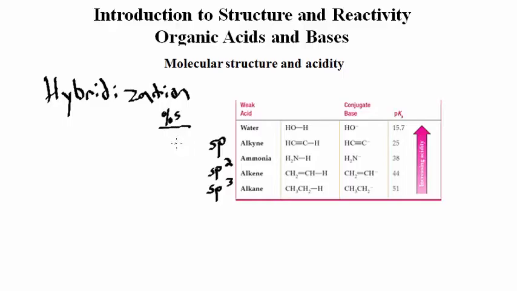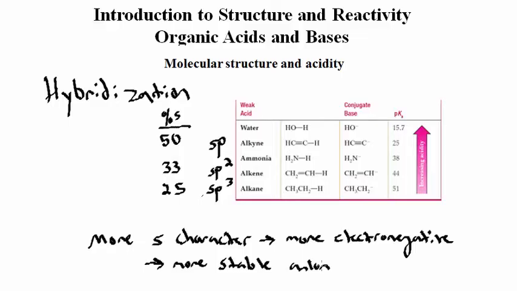If we look at the percent S character, an sp orbital has 50% S character, an sp2 orbital has a third, or 33% S character, and an sp3 orbital has only 25% S character. Electrons in an S orbital are lower in energy than those in a p orbital. That is, they are held more tightly to the nucleus.